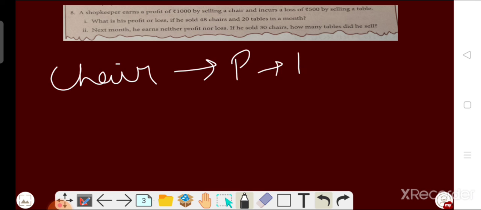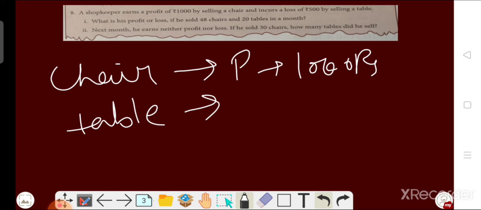Now we will move on to question number 8. The question number 8 is: a shopkeeper earns a profit of rupees 1000 by selling a chair and incurs a loss of rupees 500 by selling a table. It means, beta, if the shopkeeper sells a chair, he will get a profit of 1000 rupees, and if he sells a table, he will get a loss of 500 rupees.